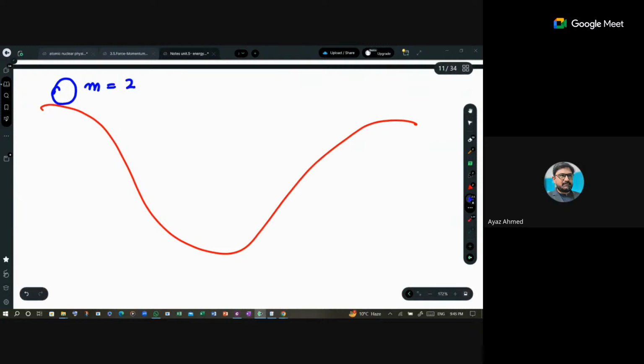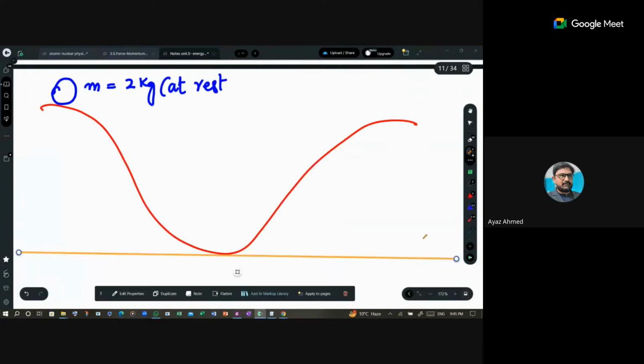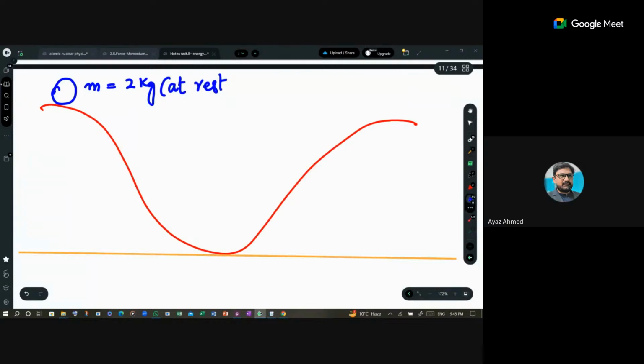Its mass is 2 kg at rest, at a distance h above the surface.